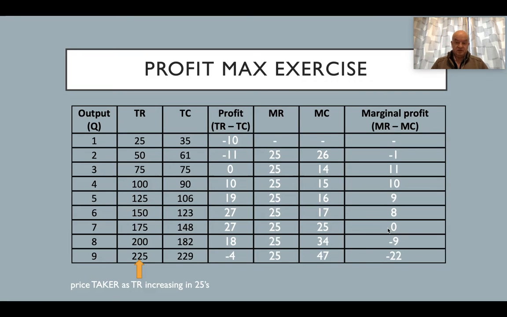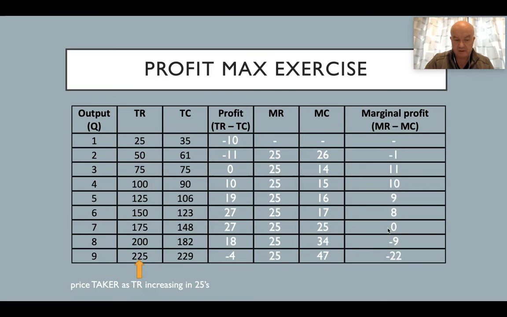Those are the pieces of information that you would need to calculate for your profit maximisation table. Let's take a look at how that might work on page 58, where you've been asked to plot the two graphs and also show your profit maximisation point.